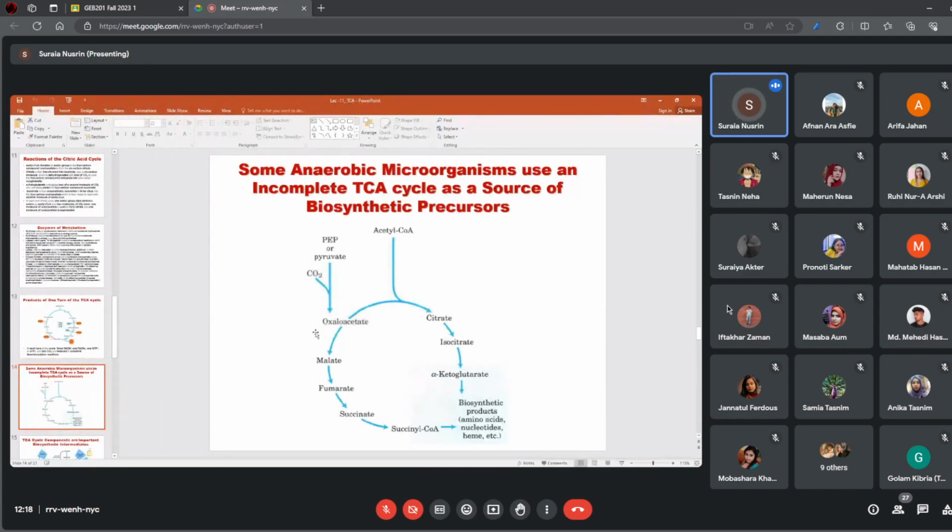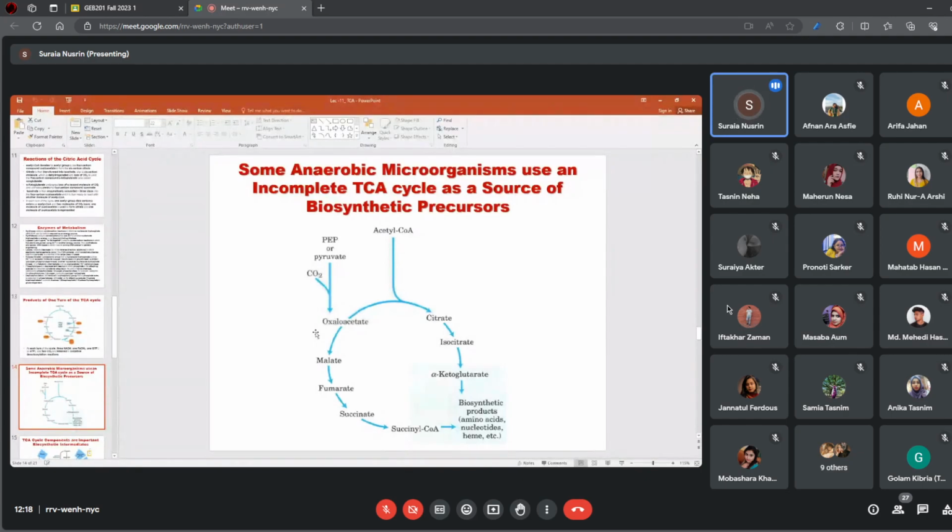So they are not utilizing the cycle to generate energy, that means the reducing power, as we have seen in the case of the normal TCA cycle. Rather, they are using it to synthesize the biosynthetic precursors.